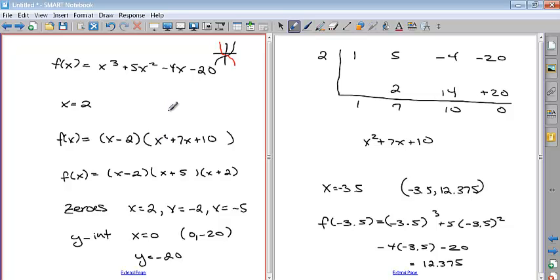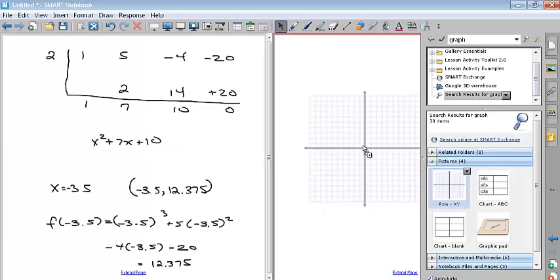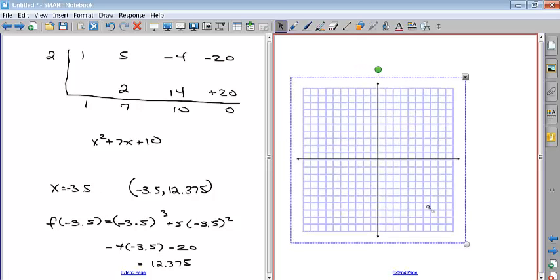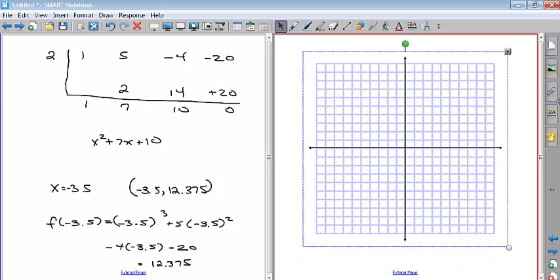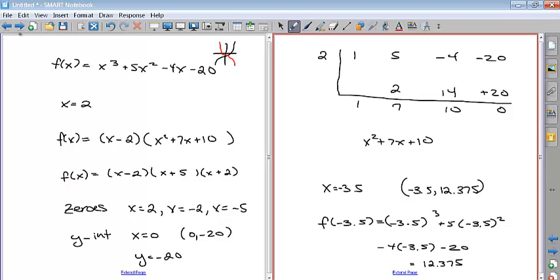And I've got these three x-intercepts, so now we should be able to do a pretty good job of plotting this thing. Again, I'm going to change the scale. Instead of being 1 unit for each grid, it'll be 2 units, so this will be 20, this will be negative 20. So let's do the x-intercepts in terms of the red color.